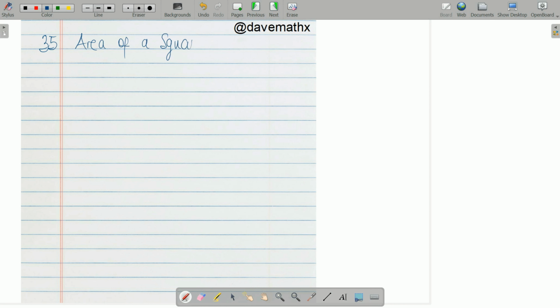Area of a square is length square. Our area from the question is 16 meters square.